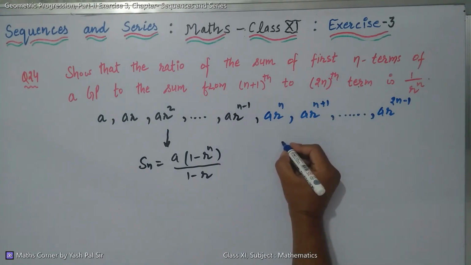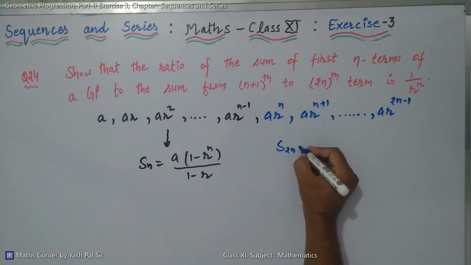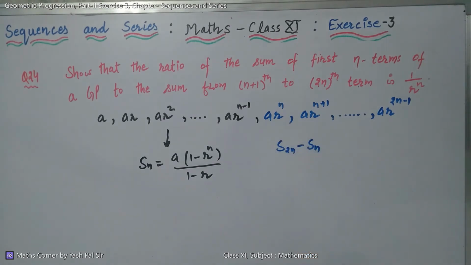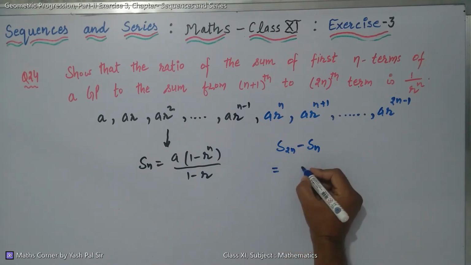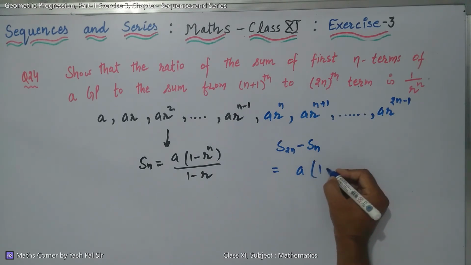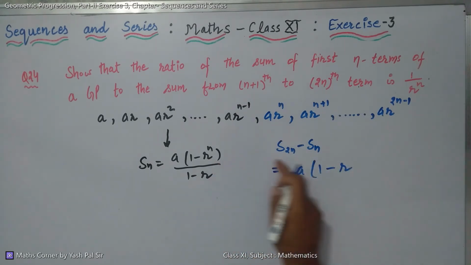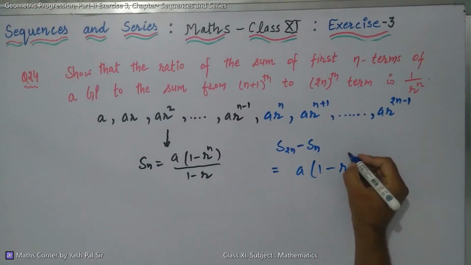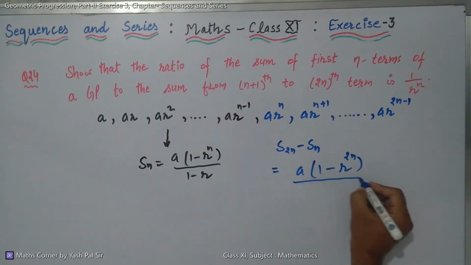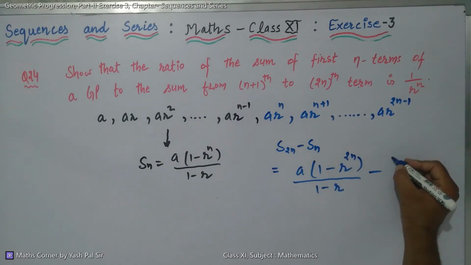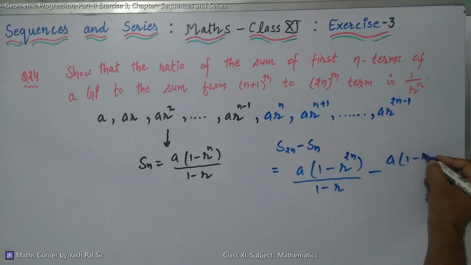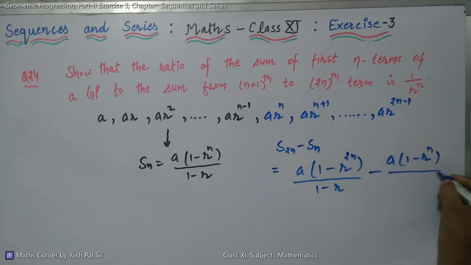This will be equal to S2n minus Sn, that is equal to A into 1 minus R raised to power 2n divided by 1 minus R, minus Sn, which is the same, A into 1 minus R raised to power n divided by 1 minus R. Right?